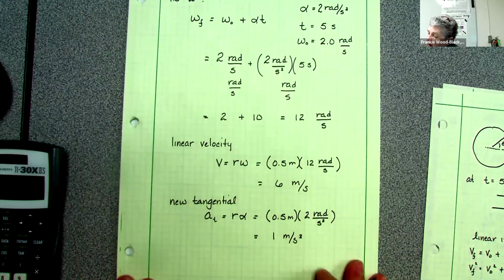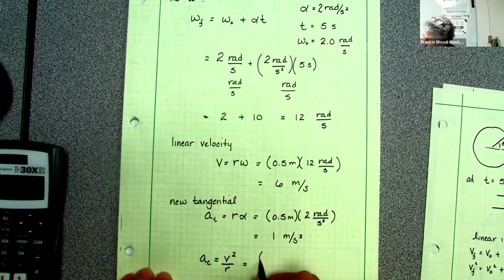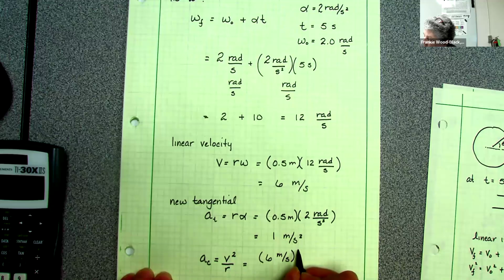I could also calculate my centripetal acceleration, because as we saw in the video, that's my V squared over R. We want to use that linear one. So I'm going to get my 6 meters per second, squared, divided by my radius, which is 0.5.